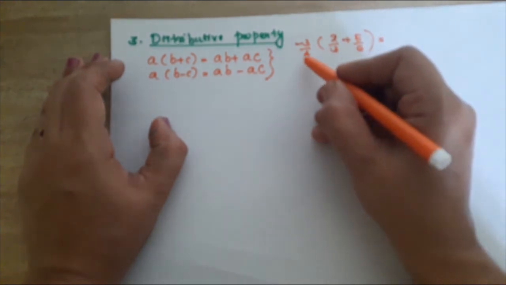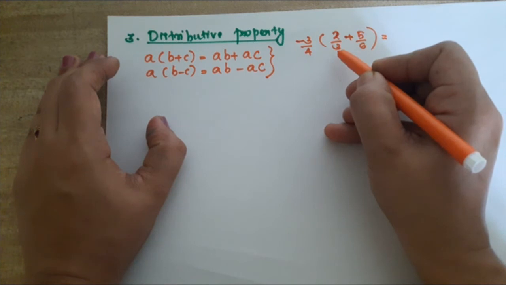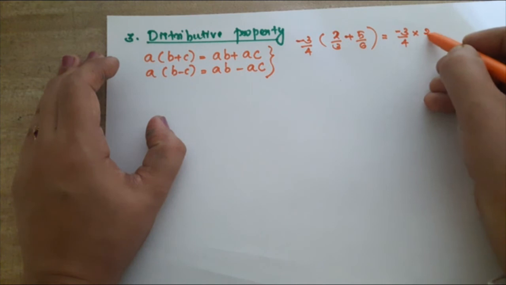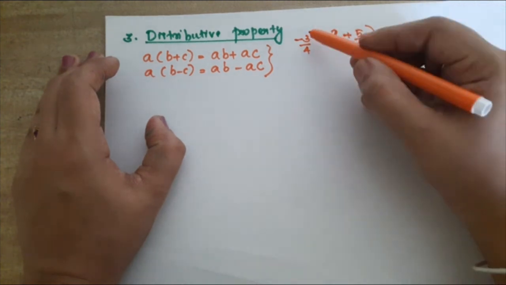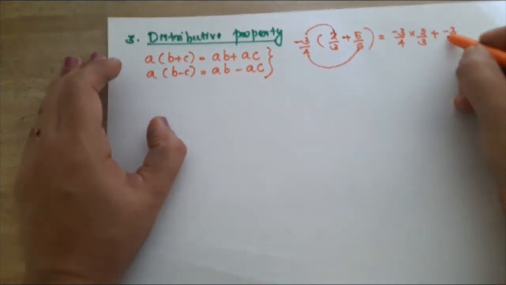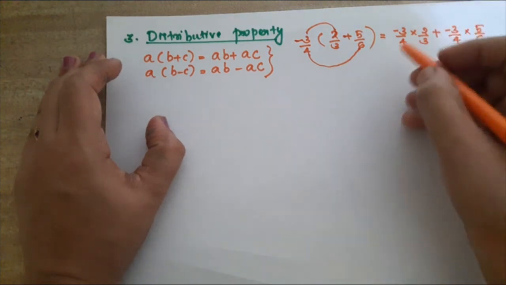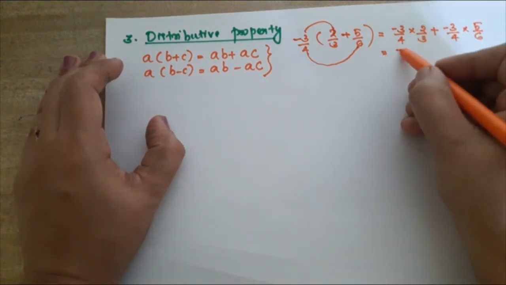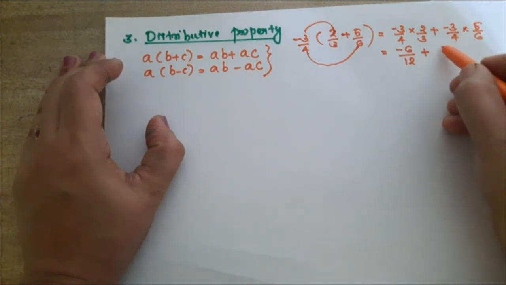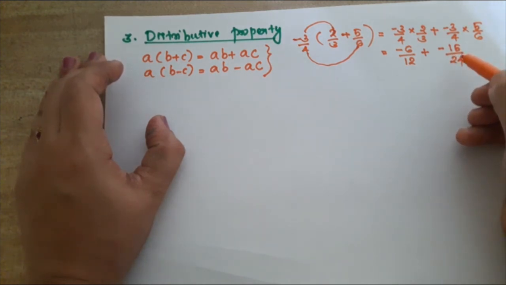First, multiply minus 3 by 4 into 2 by 3, plus, then multiply minus 3 by 4 into 5 by 6. Then what's the answer? Minus 6 by 12 plus minus 15 by 24, right?